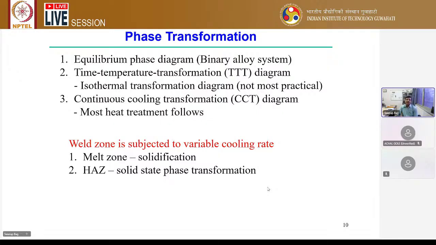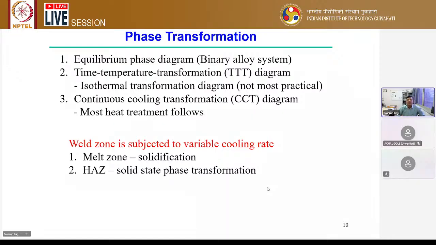The equilibrium phase diagram basically represents a binary alloy, and we can get all the information about the different phases. It is constructed under equilibrium conditions, meaning that cooling is actually very slow, mathematically an infinitely slow cooling rate. Based on that, the equilibrium phase diagram has been developed.